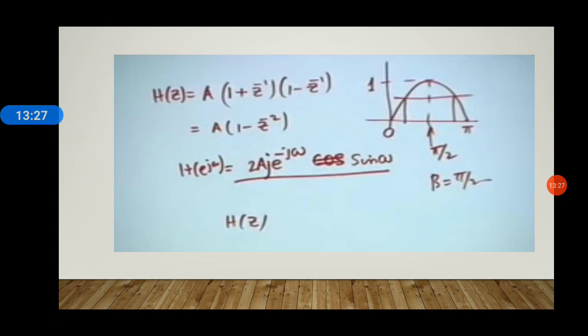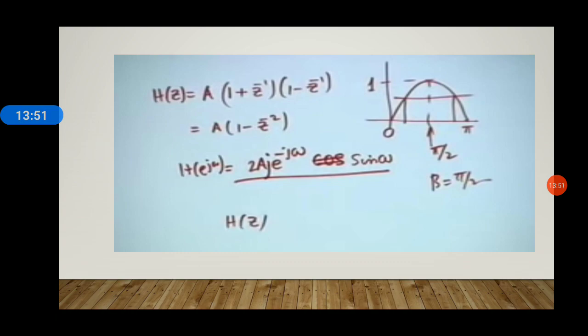Now this is a band pass filter. We are passing the frequencies between 0 and pi. So say we have H(z) equal to a into 1 minus z to the power minus 2. Now this can be written as H(e^j omega) equal to 2a j e to the power minus j omega sine omega.